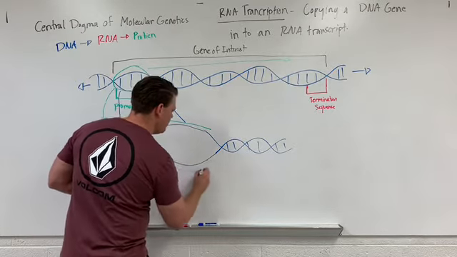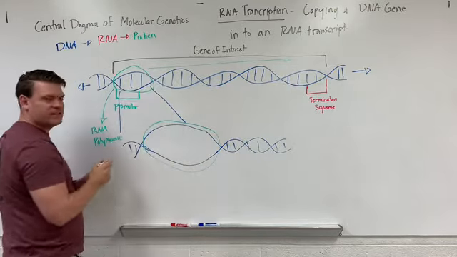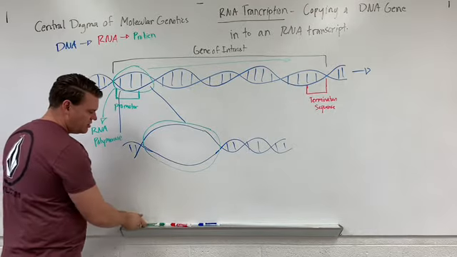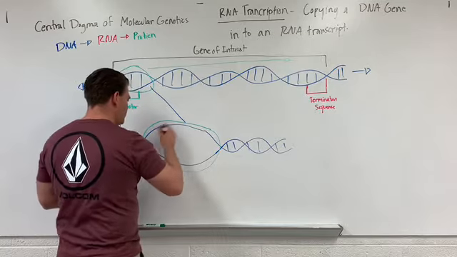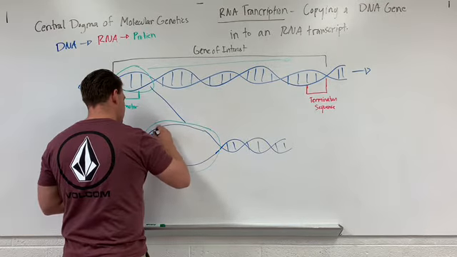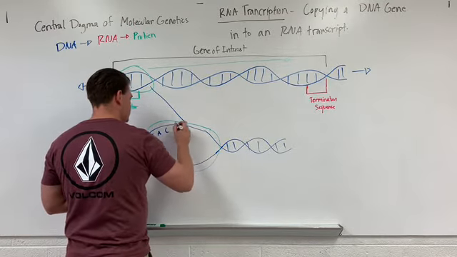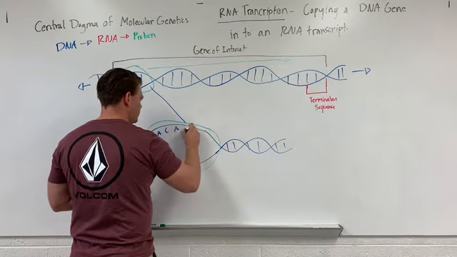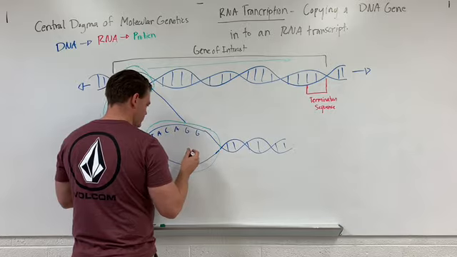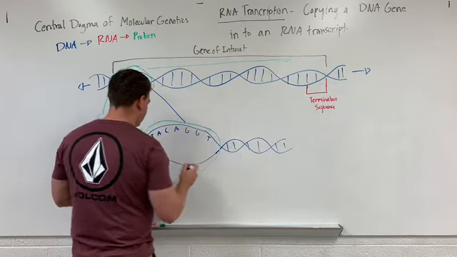So when that polymerase is over that specific area of our DNA, it has opened up our DNA. So once again, let's say this is T, A, C, A, G, G, T again there.